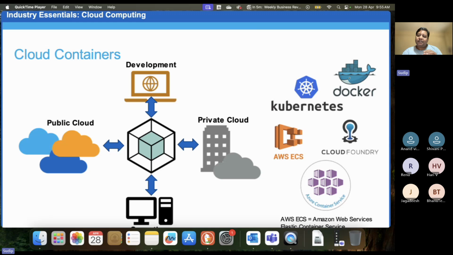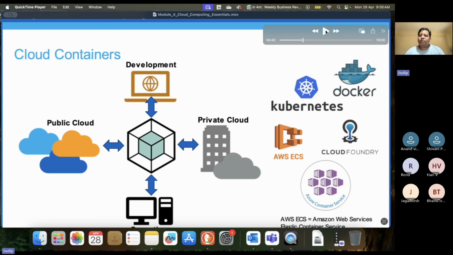If the load is lesser, how many containers should it delete? All those kinds of things, the life cycle of a container. It allows you to do all that. But Kubernetes itself is not a container platform. It's a container management platform. So you'll have to understand that.